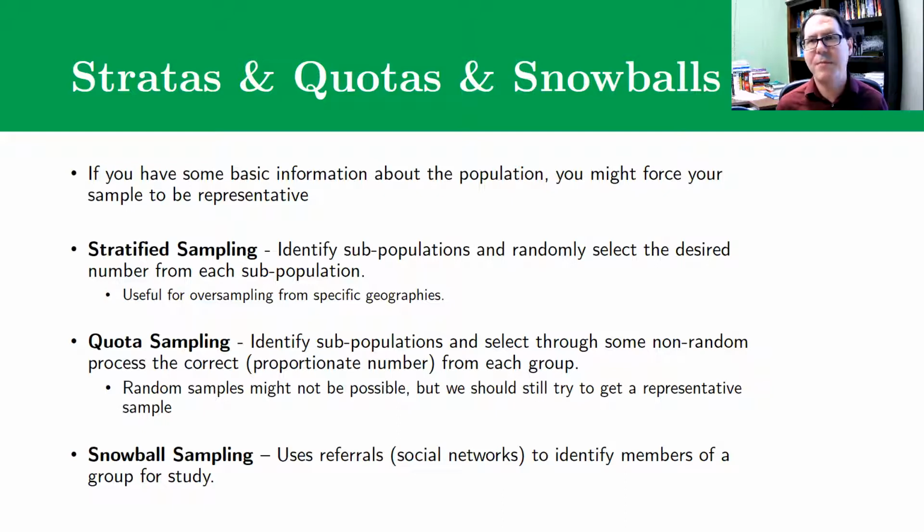That with random sampling, we can say some things about the larger population because of how randomness works. And we'll talk about that. With non-random sampling, what we can say is that I think this is better than just using my own anecdotal experience. I've taken some steps to be systematic in my collection and to try to avoid obvious pitfalls, but I don't necessarily know how my sample relates to the larger population.